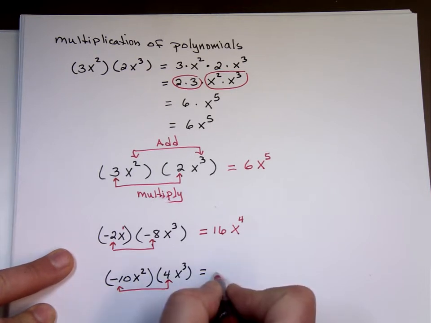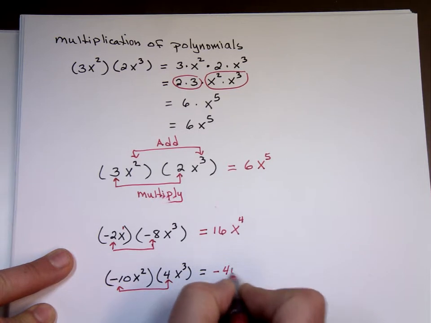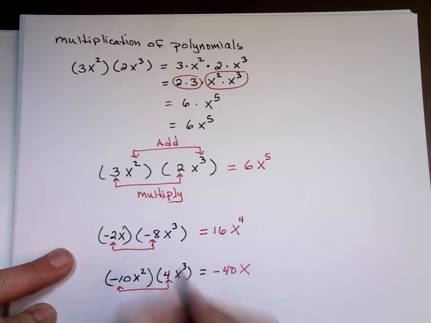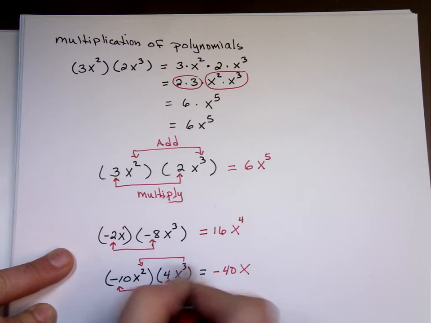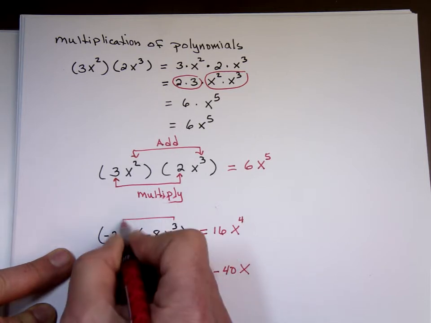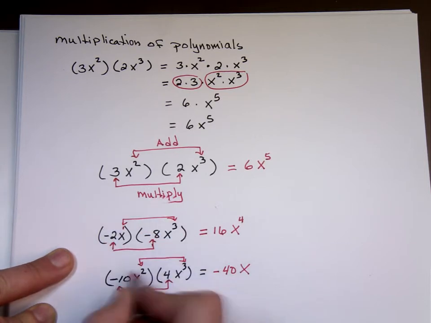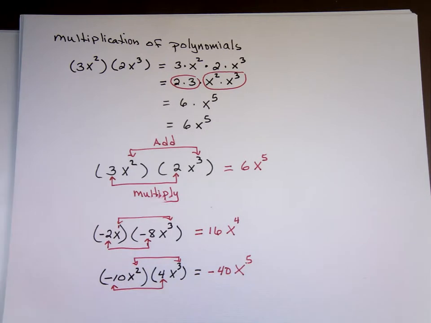That's negative 40, good. X to what power? Add the exponents. So we always add the exponents. So 3 and 2, which is 5. Negative 40x to the fifth. Multiply the numbers, add the exponents.